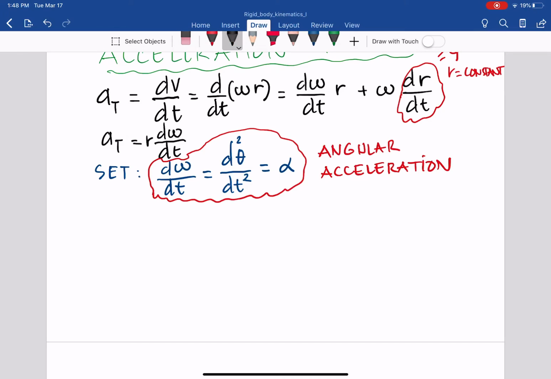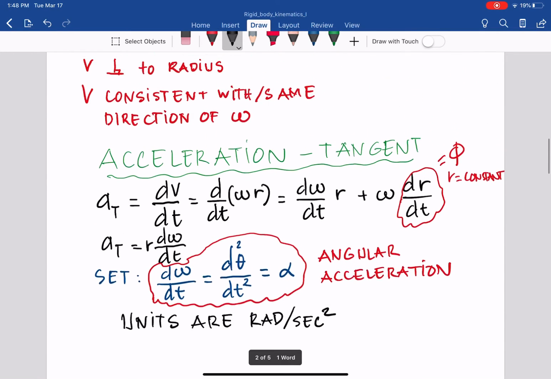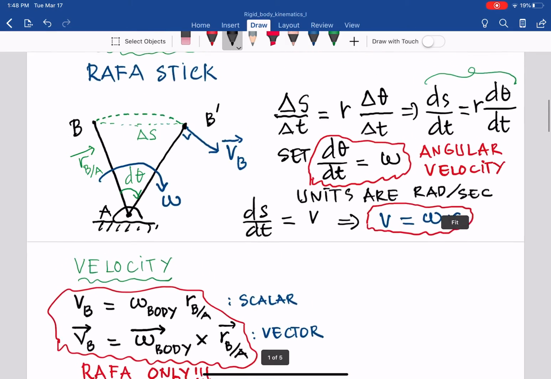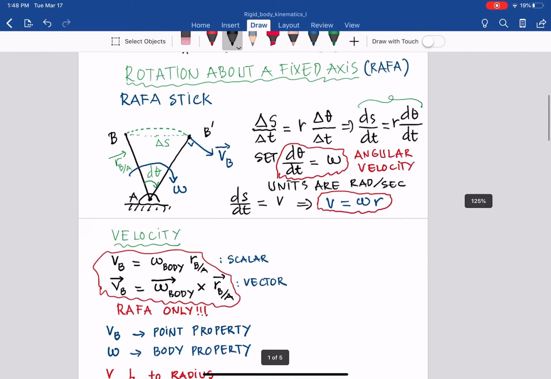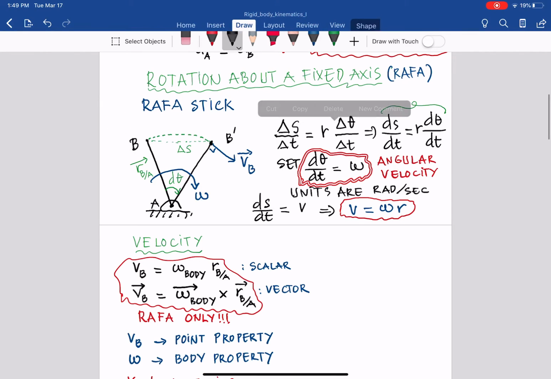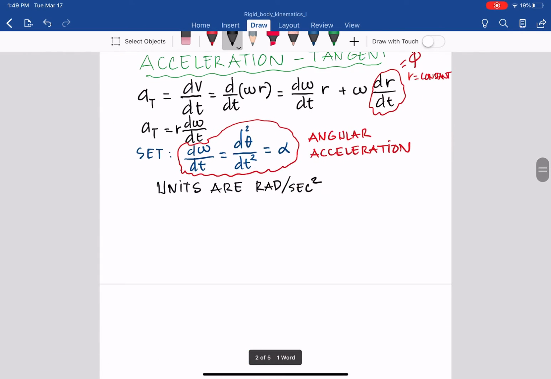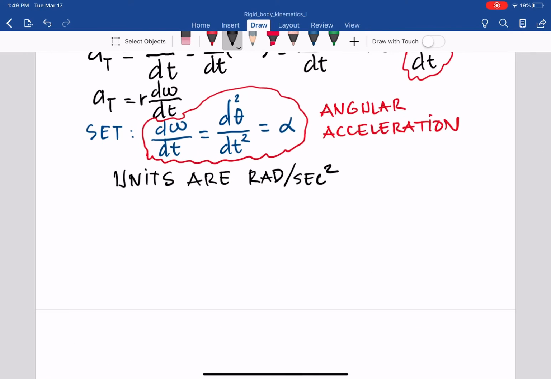You can see the unit of the angular acceleration is radians, because it's angle, per second squared. And the unit for omega is radian per second. So velocity, angular velocity, and for angular acceleration, radian per second squared. So keep that in mind.